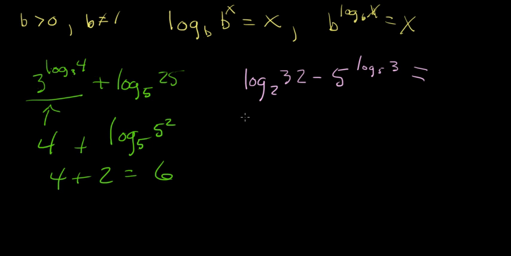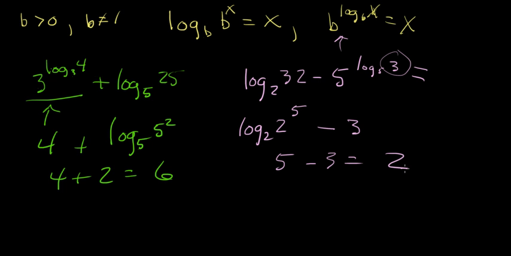Well, log base 2 of 32 is log base 2 of 2 to the 5th power, minus 5 to the log base 5 of 3. That's the same thing that you got right above there, and so that's going to be 3. And log base 2 of 2 to the 5th is, of course, 5. So 5 minus 3 is equal to 2. So that's how that works.